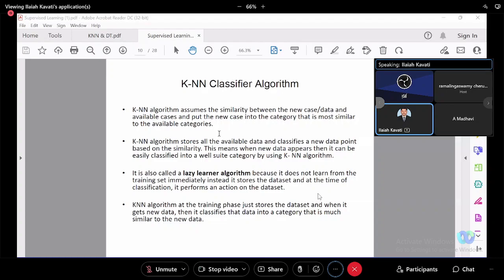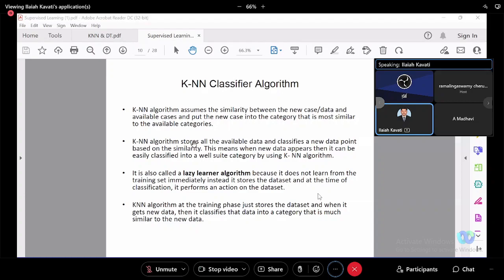At the time of deciding which class a particular object belongs to, the new data point is compared with all the objects in that space, and based on which objects are very close, we categorize the test data into that object's class. Right. Now you'll see how this algorithm works.